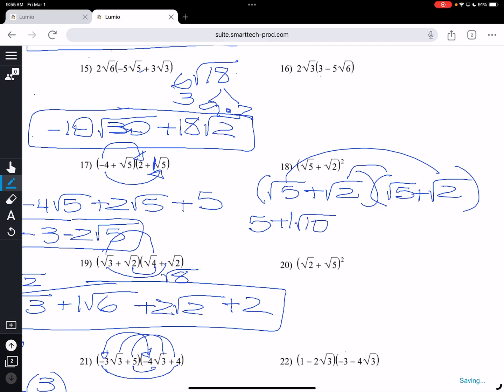The inner is also a 1 radical 10. Last, radical 2 times radical 2 is radical 4, so 2. Combine like terms: 7 plus 2 radical 10. That's why I want the ones out there, so that you'll be sure not to skip that. So 7 plus 2 radical 10, and that would be your final answer.